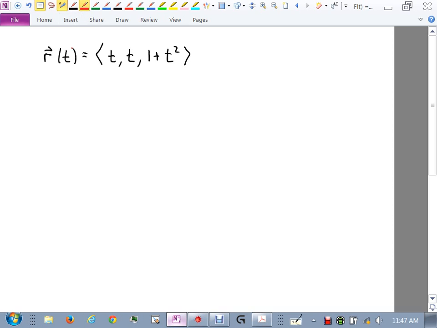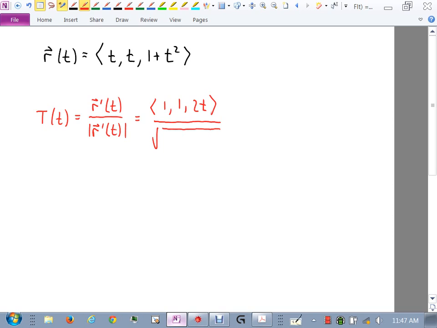Okay, let's try it. What's capital T of t? Well, that's r prime of t over its own length, which is, what's the derivative? 1, 1, 2t. I'm not feeling too bad about things yet. Over, what's the magnitude of that? Square root of the sum of the components squared.